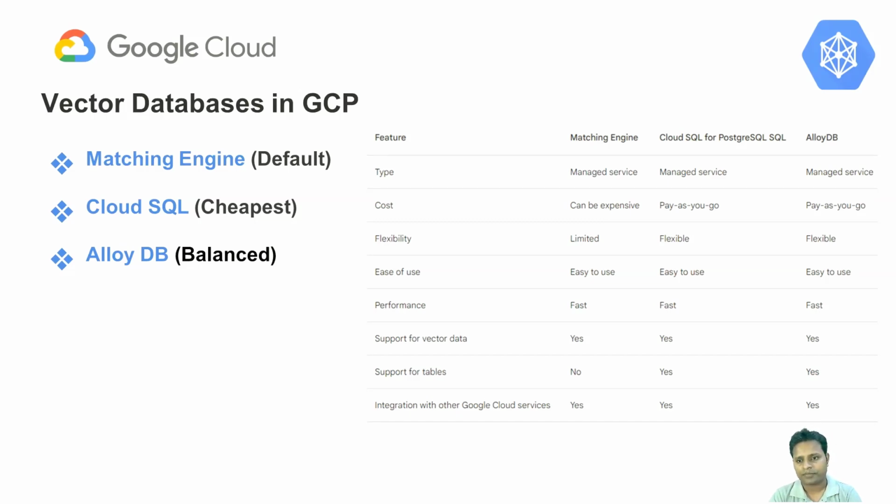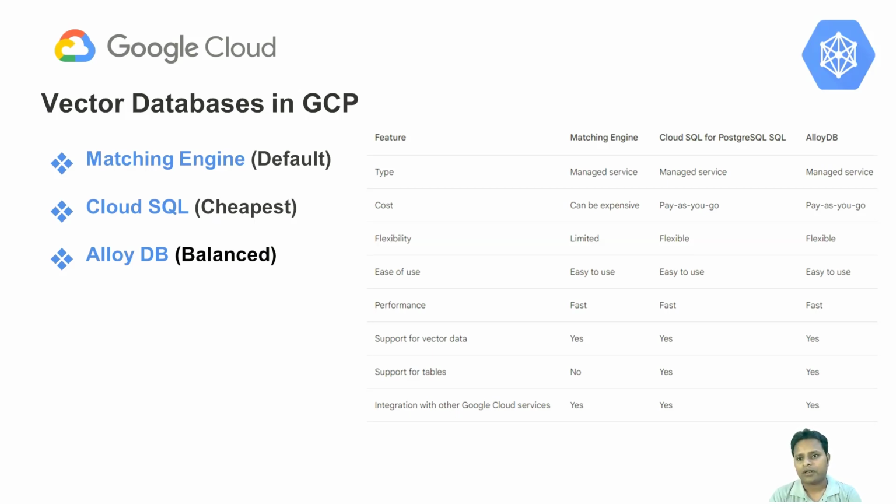Now let's see that. If you can see in this particular table, there are several features which are very similar, and obviously they are beneficial. However, there are some key differences between them. Matching Engine is a specialized vector database that is optimized for ANN search, which is also called approximate nearest neighbor search.